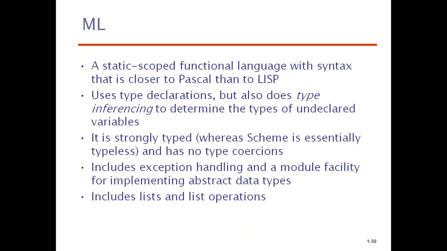Another language which is available in functional programming is ML. ML is not machine learning. ML is a programming language name. It is a static scoped functional language with syntax that is closer to Pascal than to Lisp. So here Pascal related syntax has been introduced in ML.